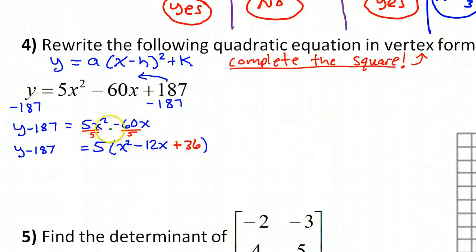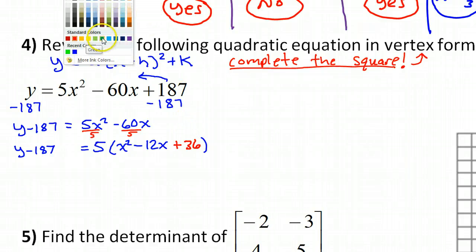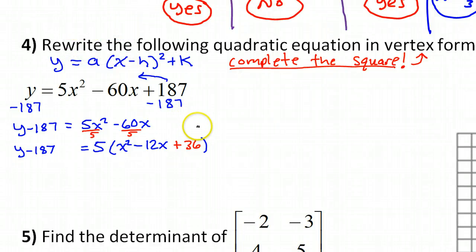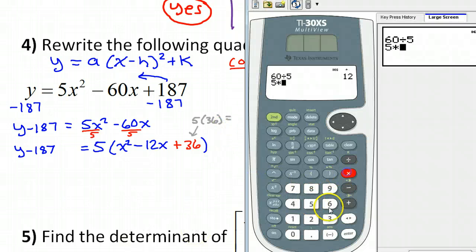So this looks like a 36, but it's really 5 times 36, which is 180.